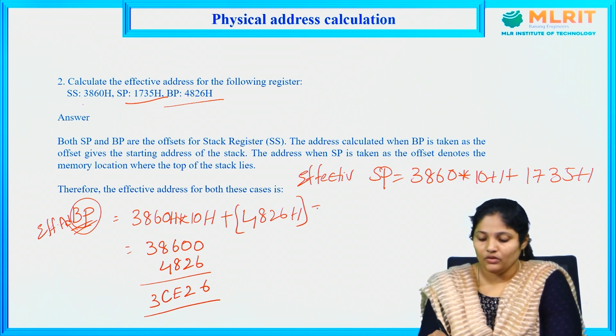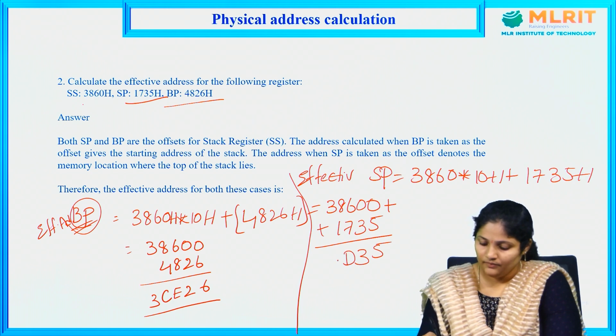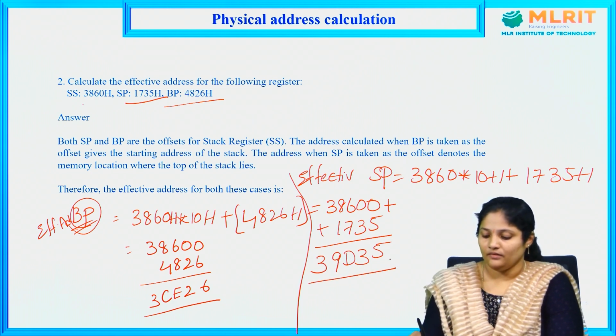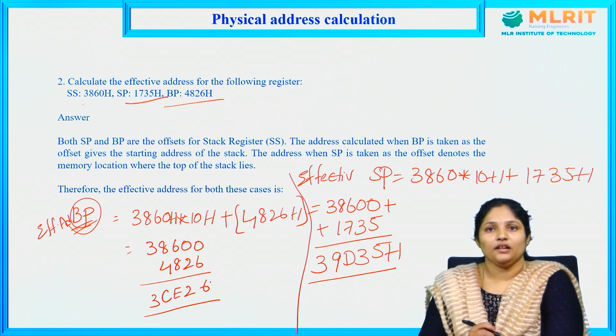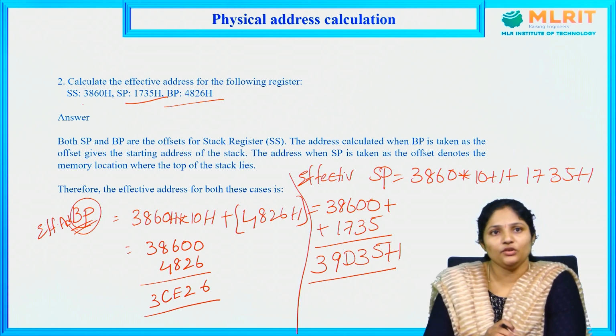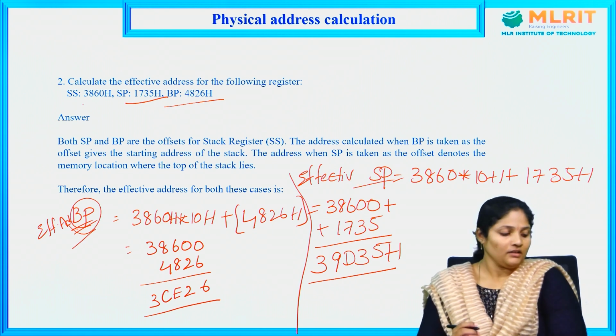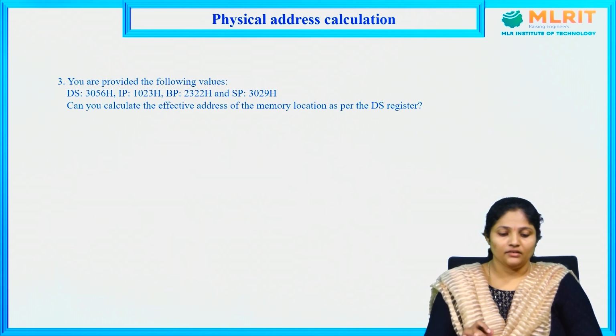So what will be the value? 38600 plus 1735, which is 5, 3, 13, so it is 39D35H. This is the effective address for the stack segment using BP and using SP. Okay, so coming to the next question.